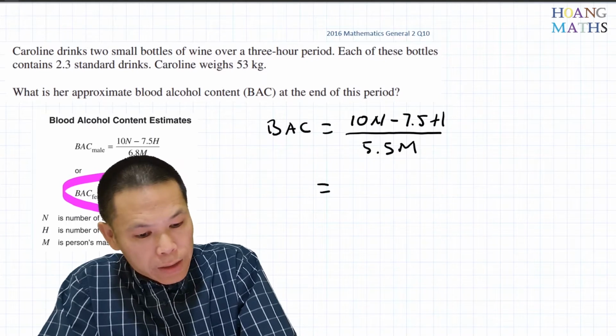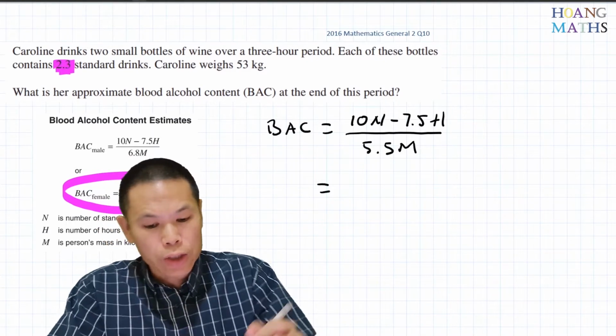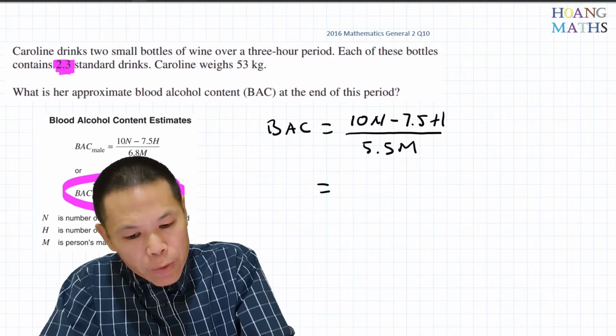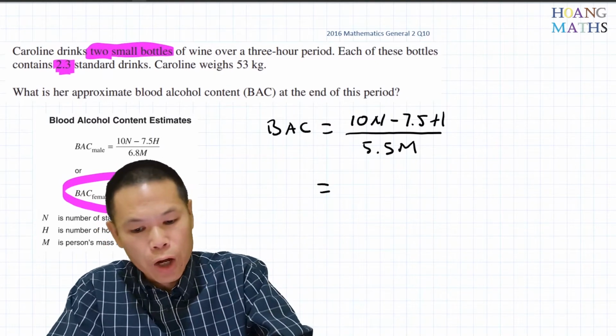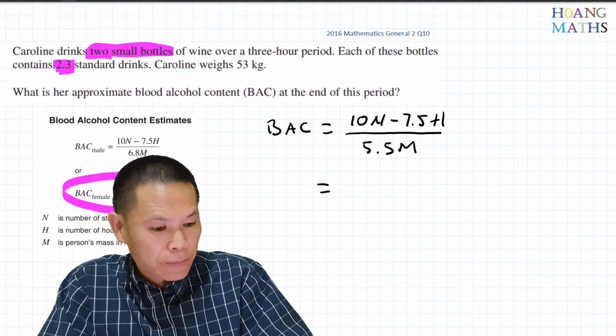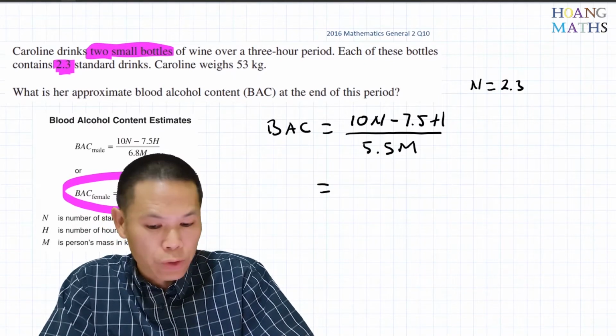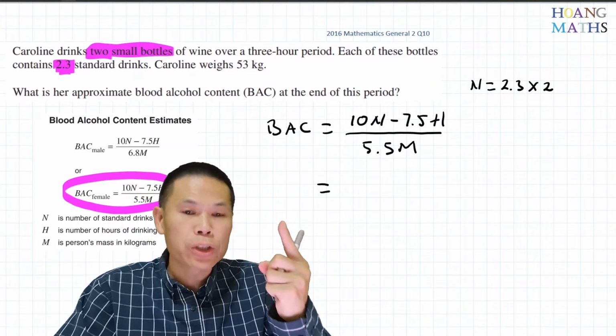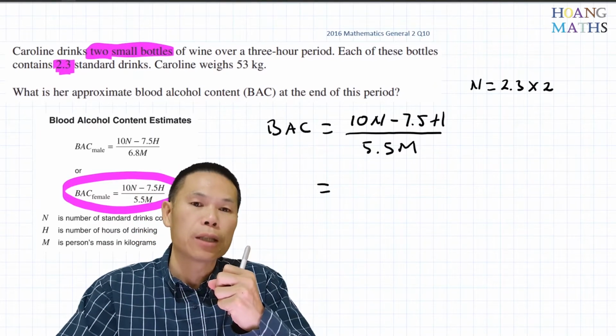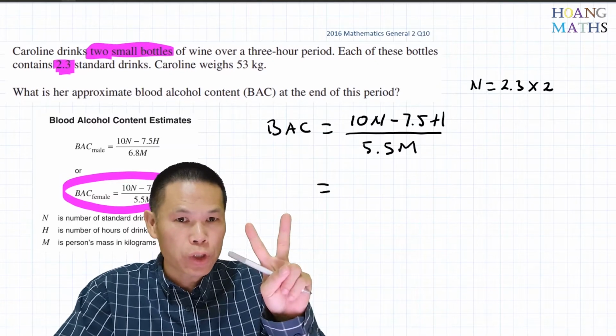Each of these bottles contains 2.3 and we have 2 of them. So therefore N is equal to 2.3 times 2, because each bottle contains 2.3 standard drinks and we have 2 bottles.